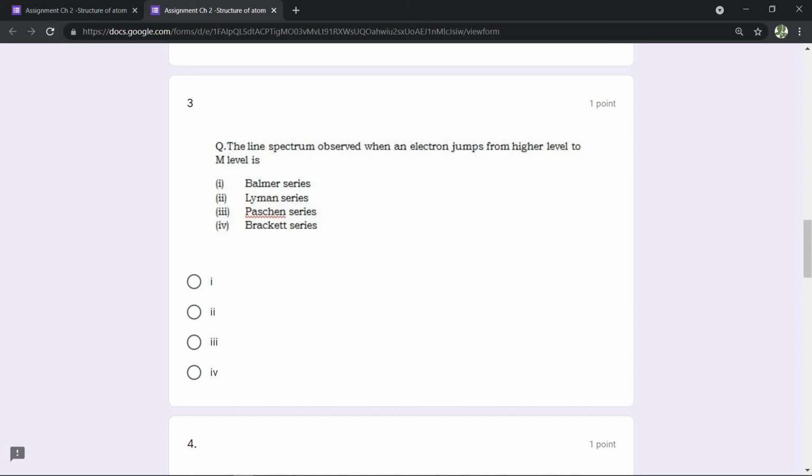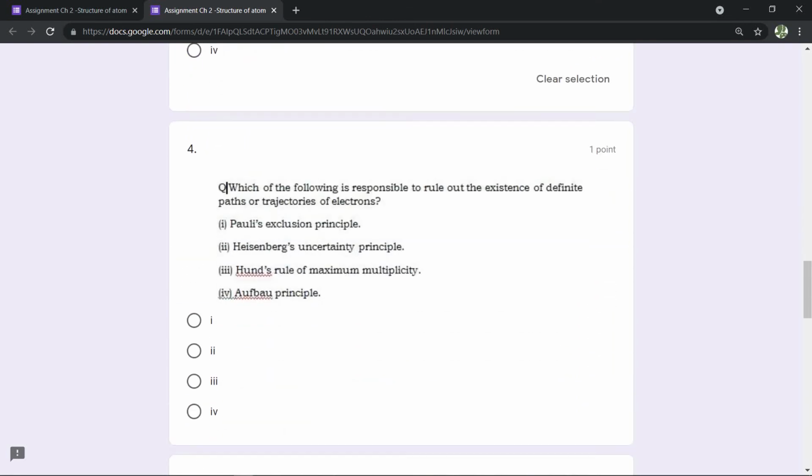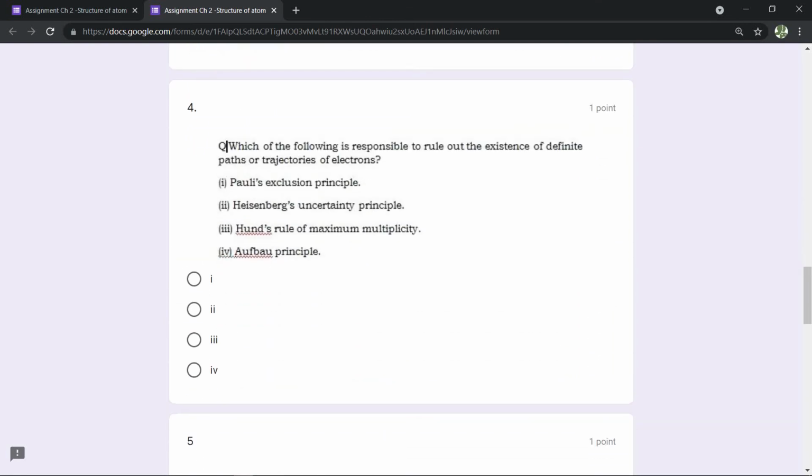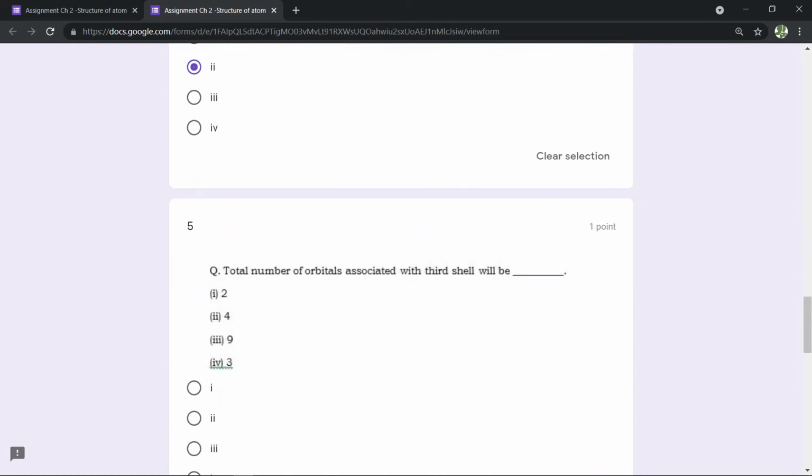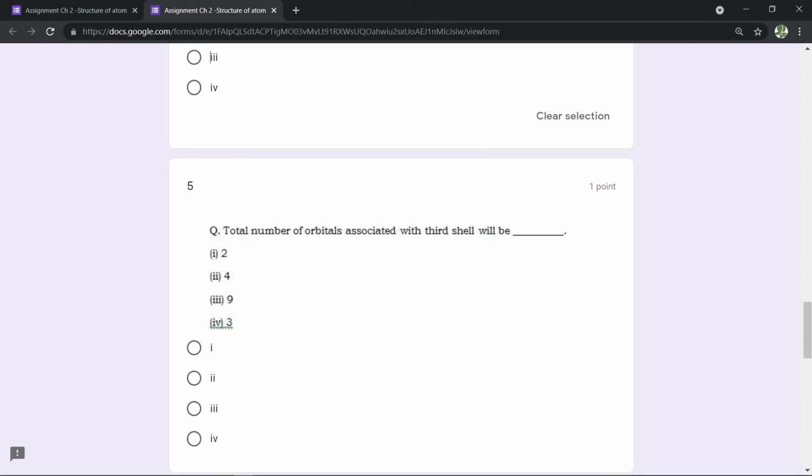Which of the following is responsible to rule out the existence of definite path or trajectories of electrons? We have just done this today. Second part, Heisenberg uncertainty principle. It proved the concept of orbits wrong. Now, the total number of electrons associated with the third shell.